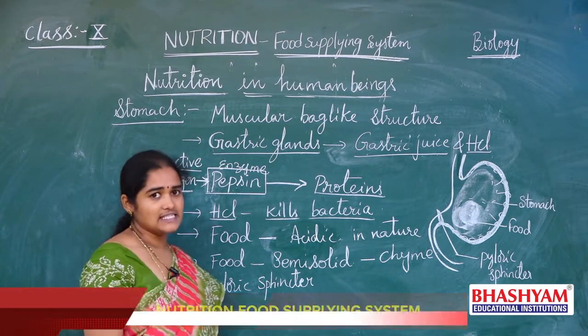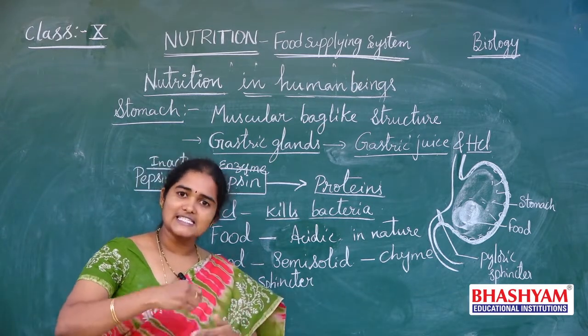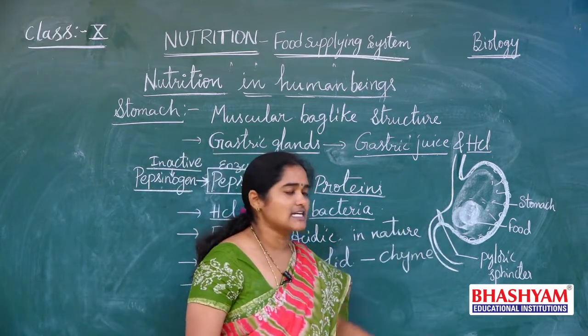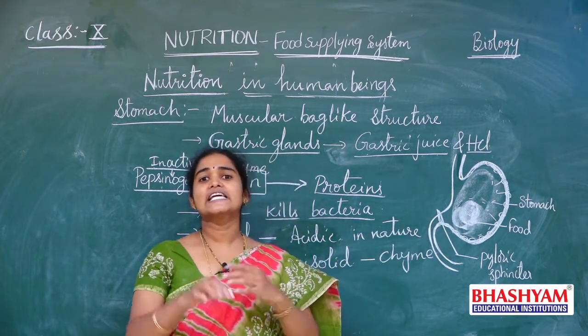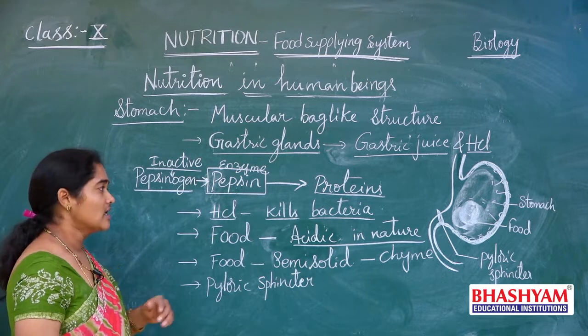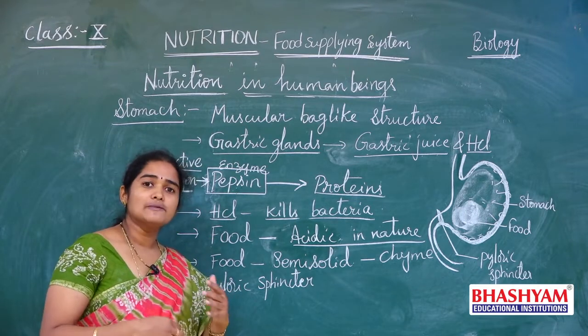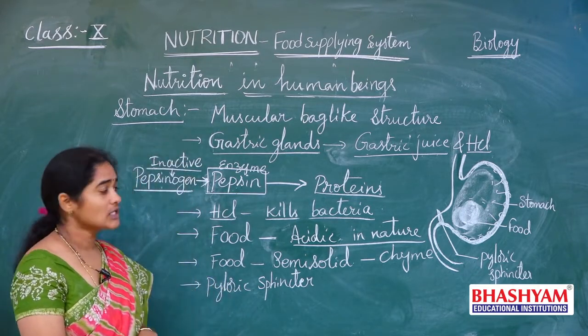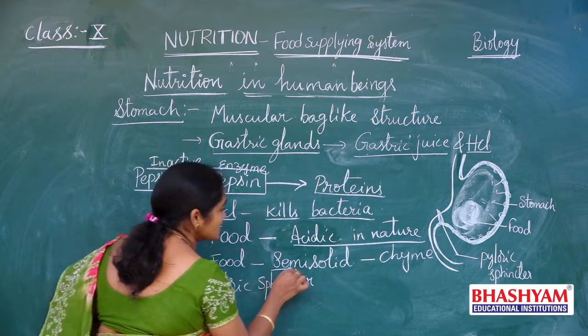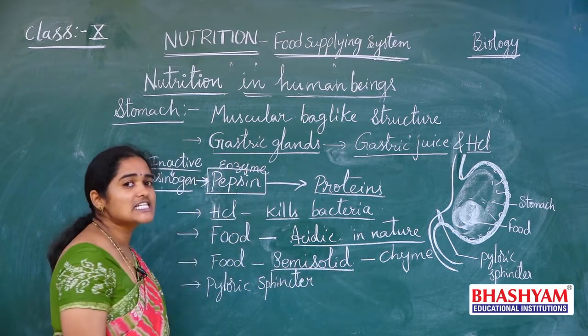As it is acid, this acid gets mixed up with food in the stomach, and food becomes acidic in nature. And the muscle movements help to crush the food materials, so that food becomes semi-solid in the stomach.